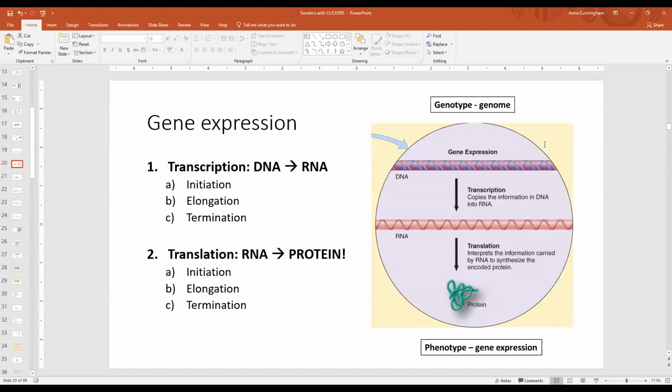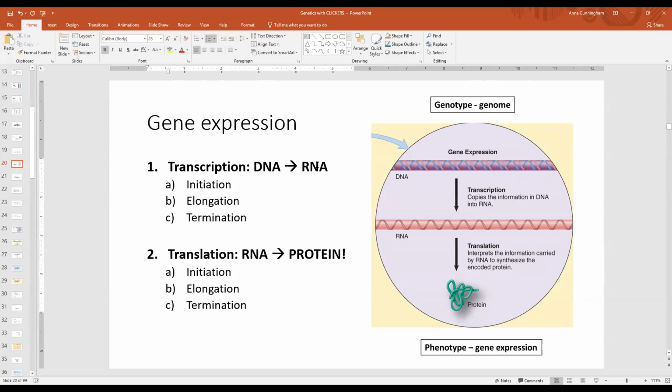Just a reminder that protein synthesis, or gene expression, or central dogma, all of which mean the exact same thing, is going from genotype to phenotype. So again, nucleotide sequence in the DNA, making a copy of that DNA in the form of RNA, which is the process of transcription, of which there are 3 steps, which we will review. And then taking that mRNA and turning it into protein, which is the process of translation, which we're talking about today.